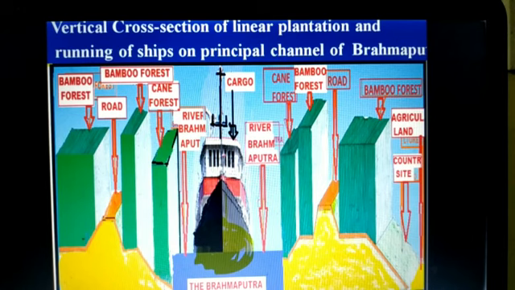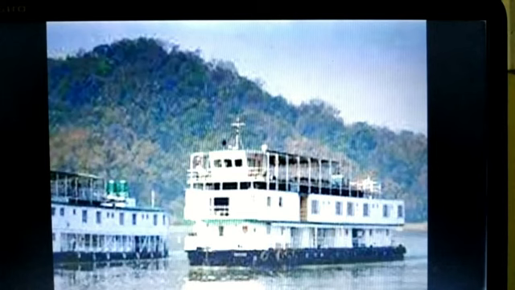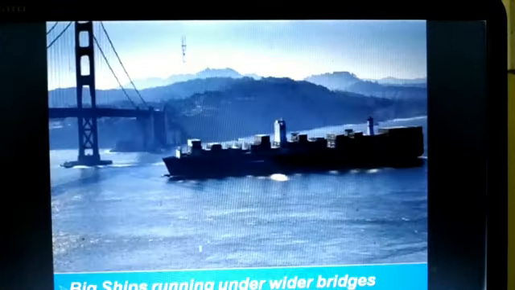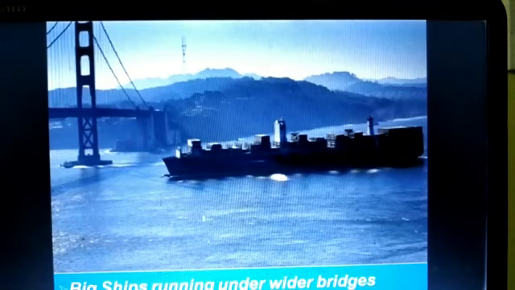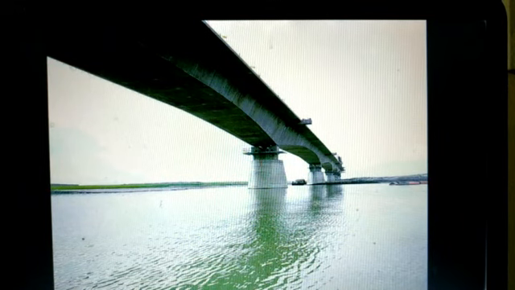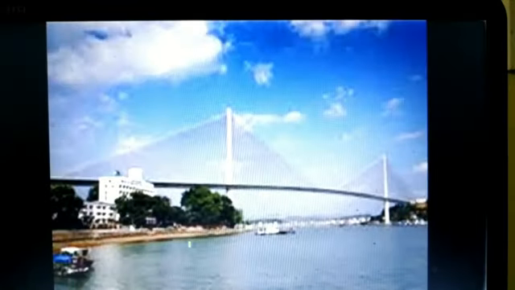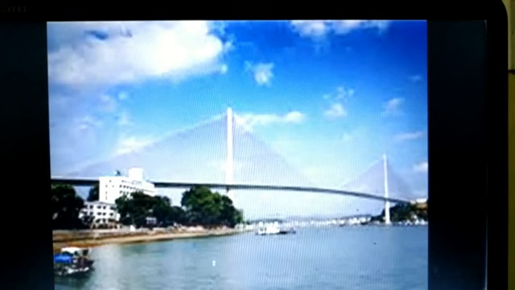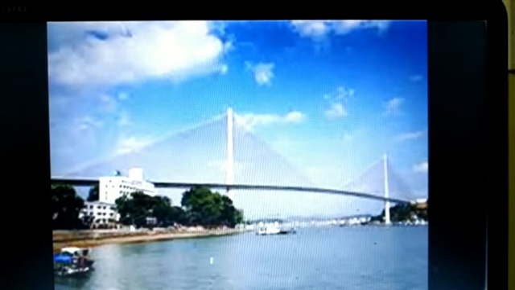See, there is already a system, inland waterways, but we have to slightly modify our bridges and the inner part of the bridges. We should reduce the pillars under these bridges. People like this thing also.